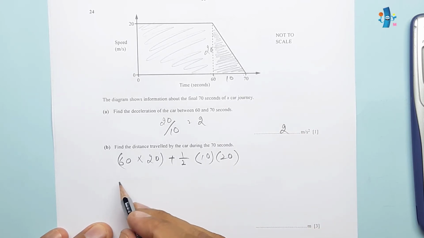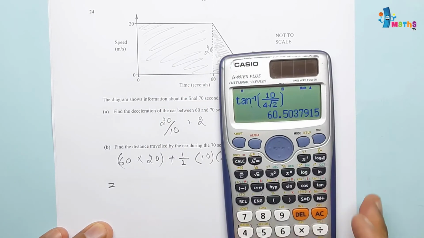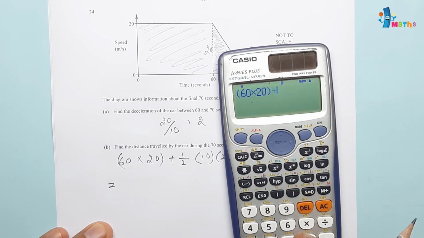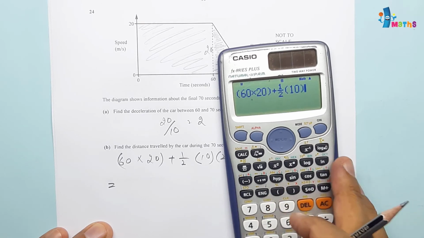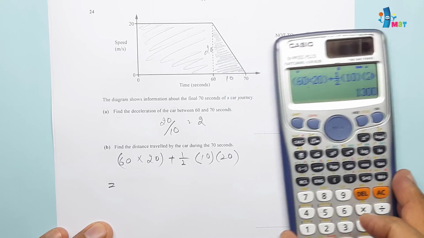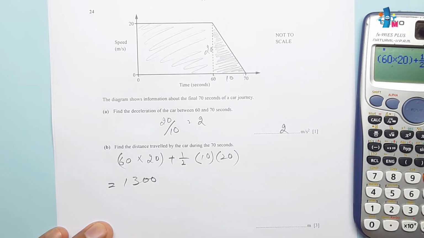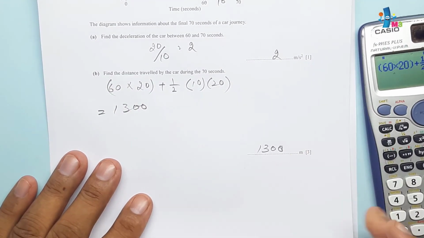When we add these two areas, this will be the area under the curve. We can use the calculator in one go: 60 into 20 plus 1 over 2 into 10 and 20. This will be equal to 1300, and units will be meters, so we can write here 1300 meters.